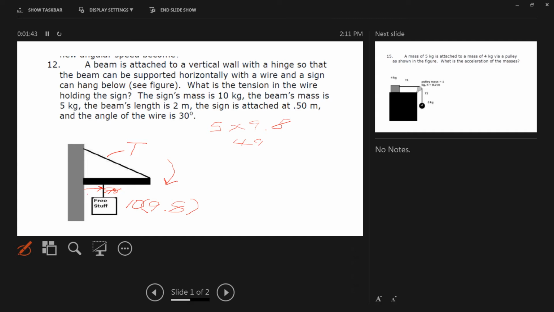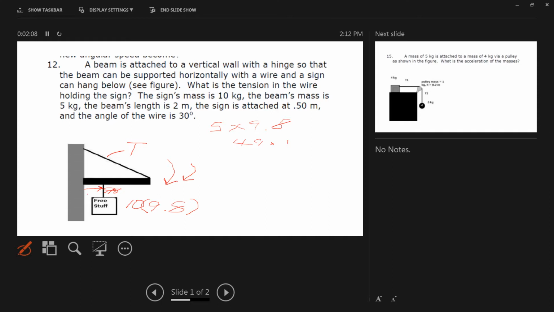And that weight is at the center of the beam, so that's 1 meter, isn't it? So 49 newtons times 1 meter is 49 newton meters. That's additional torque in the clockwise direction.